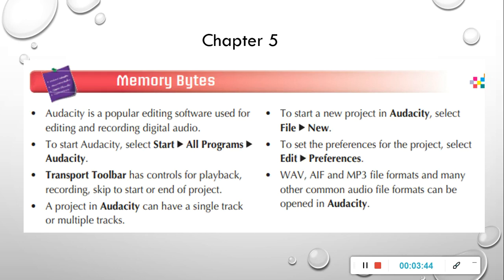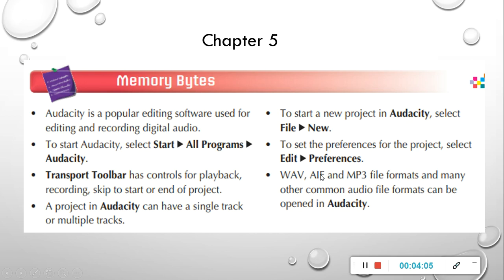Then next you have to learn the memory bytes. Read all these bullet points carefully and see which type of questions I will ask you. For example, suppose the dash file formats are used in Audacity.